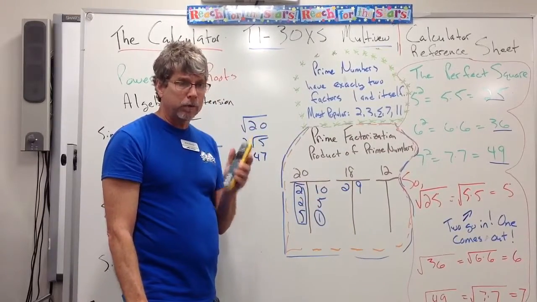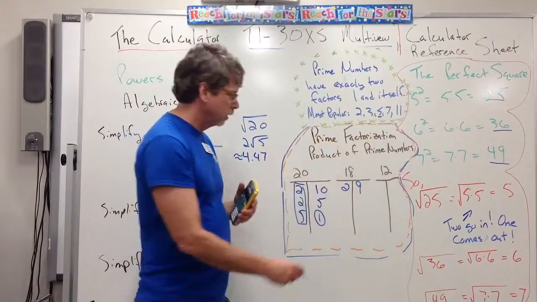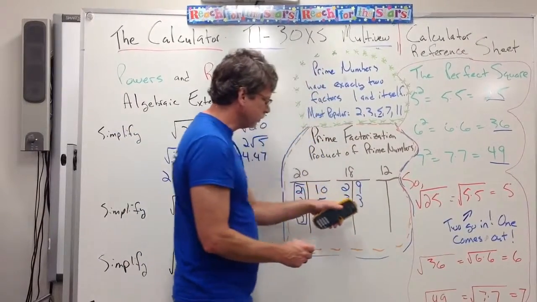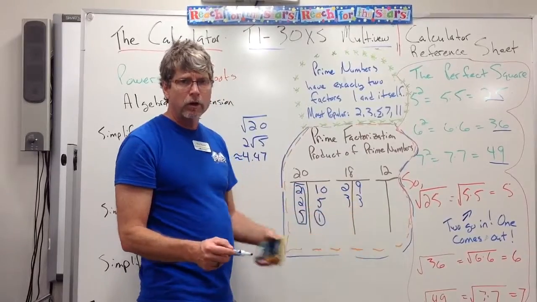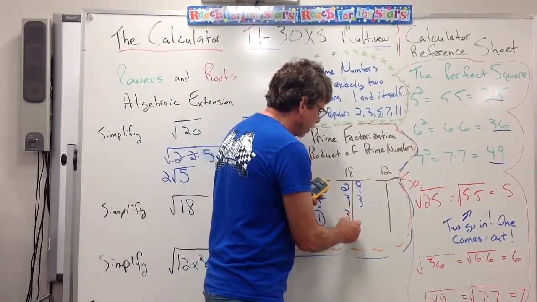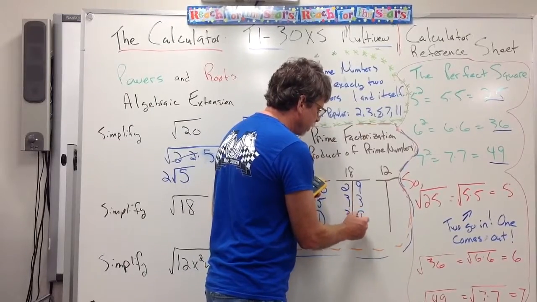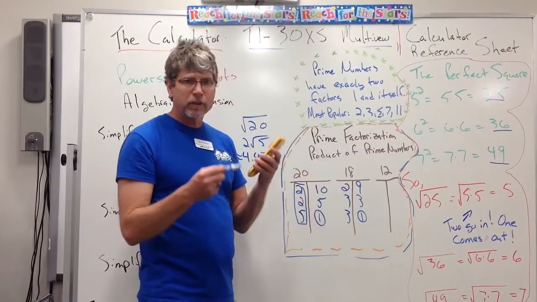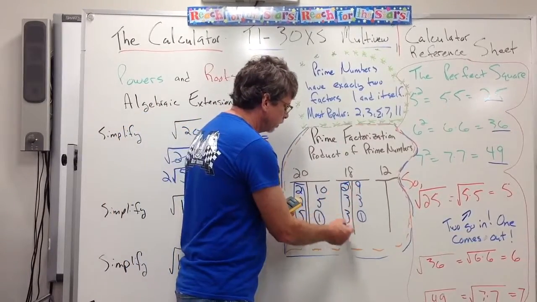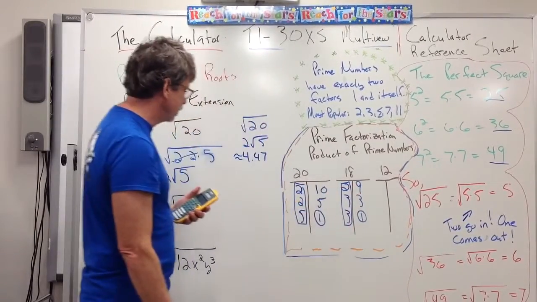I know 2 doesn't work, but I do know 3 does. So I know that 3 goes into 9 3 times. Notice how 3 is a prime number, so the only thing that's going to go into 3 is itself. So I put the 3 over here, and 3 goes into 3 one time. That 1 signifies that I've completed my prime factorization. This left side is your prime factorization.